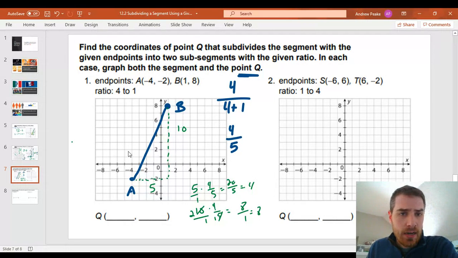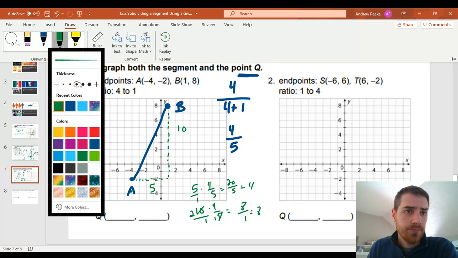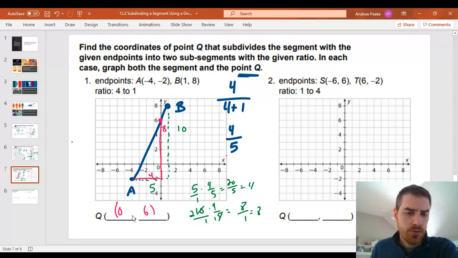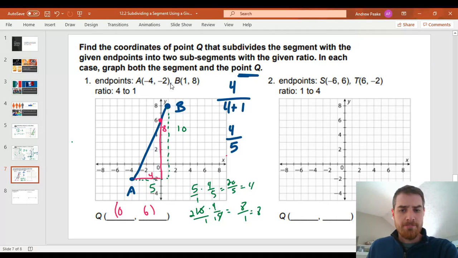So now I go to the right 4, 1, 2, 3, 4, and then I go up 8. So it lands right here at the point, looks like 0, 6. Oops, I drew an extra parenthesis. But 0, 6. So that would be how you attack that problem. Now looking at one more example.